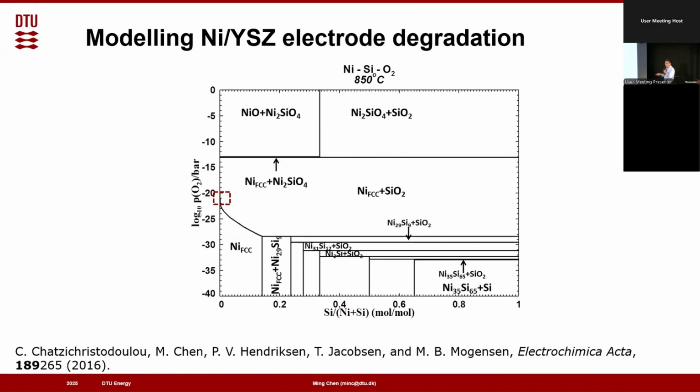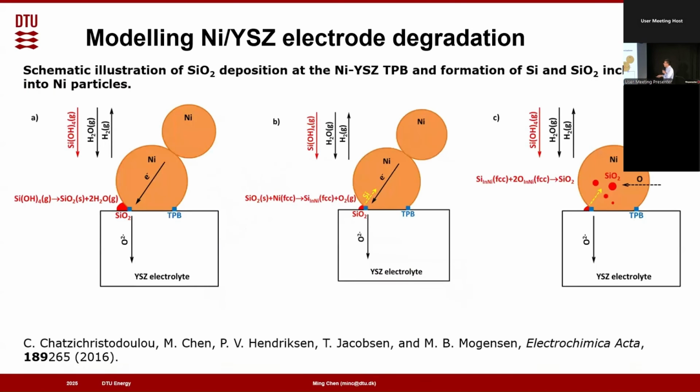And when we remove the current, then this silica can be reoxidized. So this is what we, again, proposed as a mechanism. The silica comes from the steam and it can deposit at the triple phase boundary, the reaction sites, as oxide.